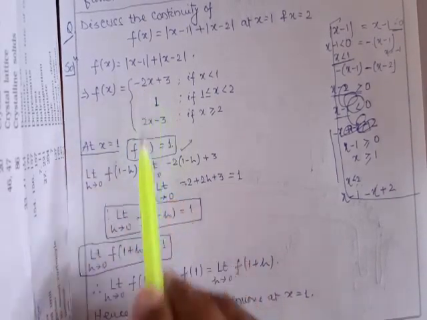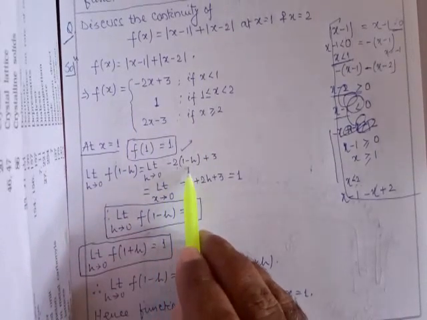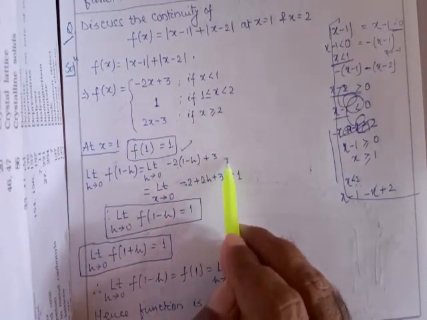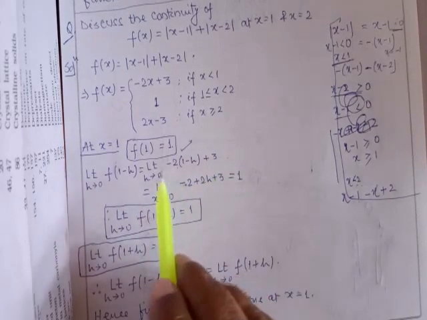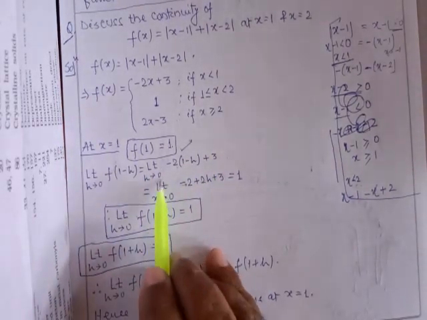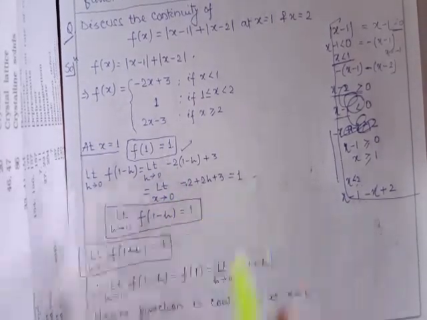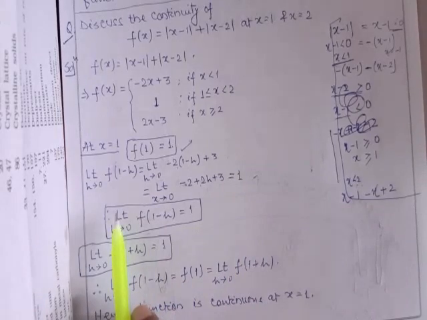It should be minus 2 into 1 minus h plus 3. And now take the limit as h tends to 0. Its result becomes, opening the bracket, minus 2 plus 2h plus 3, that is 1. Hence the value of the left hand limit is 1.